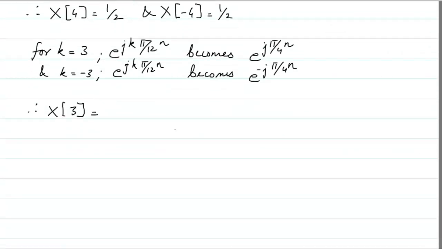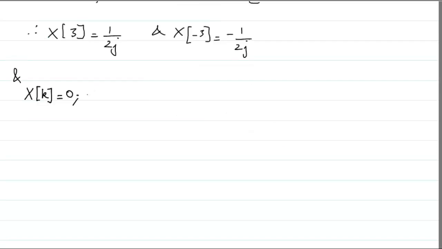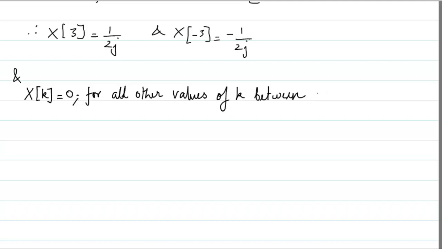So I can directly write x of 3 is going to be plus 1 by 2j, and x of minus 3 is equal to minus 1 by 2j, and x of k is equal to 0 for all other values of k between minus 11 and plus 12.